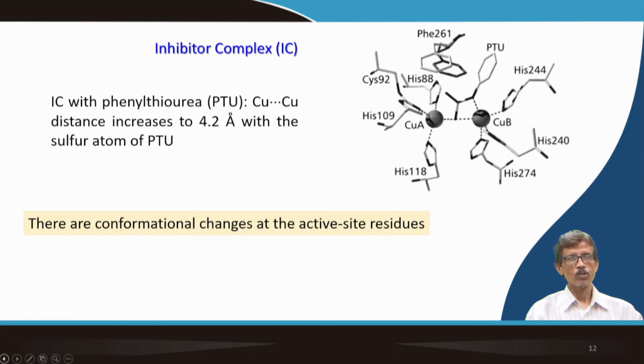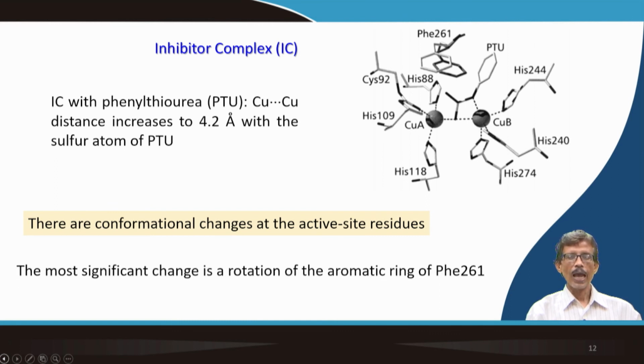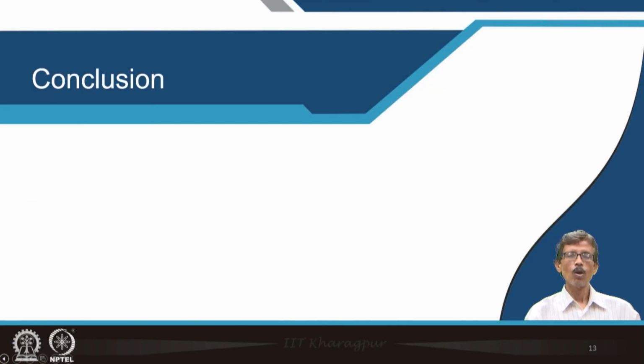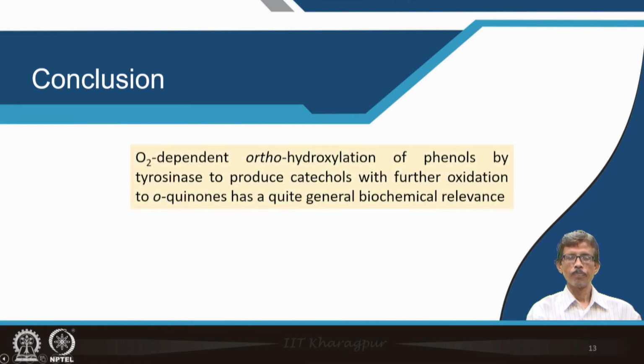So, a similar type of coordination. There will be conformational changes at the active site residues, and rotation of the aromatic ring of the amino acid PHE 261, which is your phenylalanine. So, phenylalanine 261 is responsible for restricting. That means the secondary interactions can also be important for inhibiting all these things.